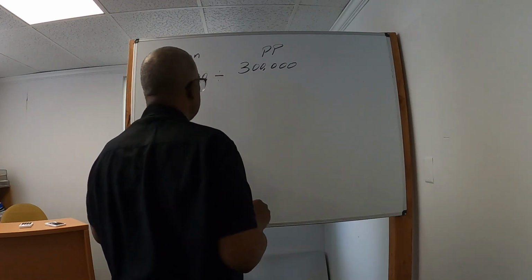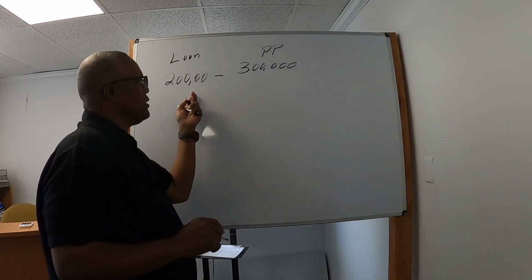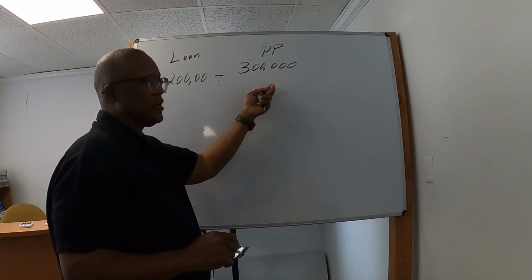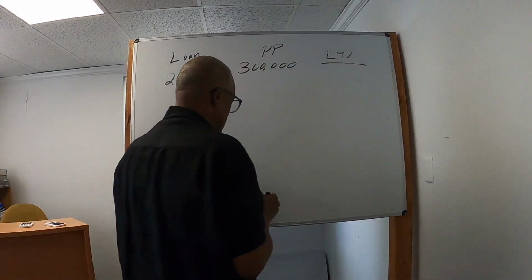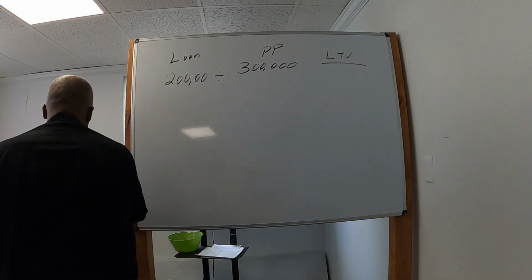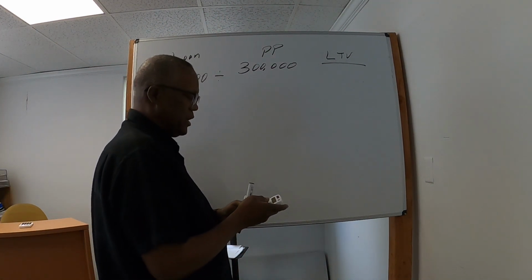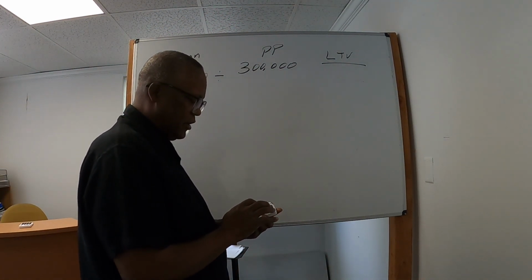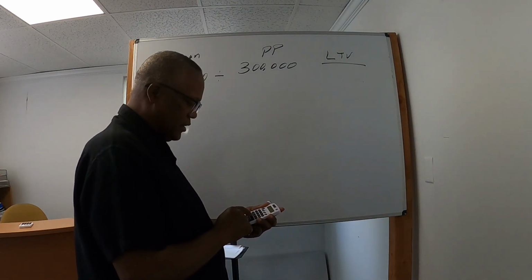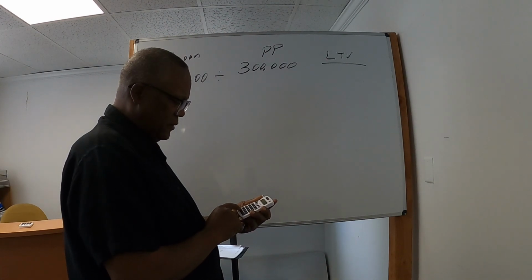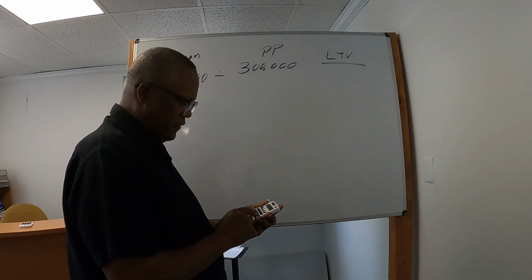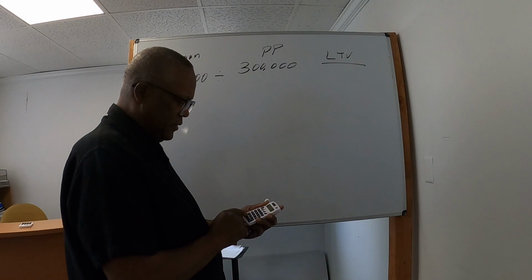So what we're going to do is take that 200,000 divided by the 300,000, and that's going to give us our loan to value. I didn't work these out beforehand, so I'm going to have to work it out on the calculator just like you will have to do. 200,000 divided by 300,000.